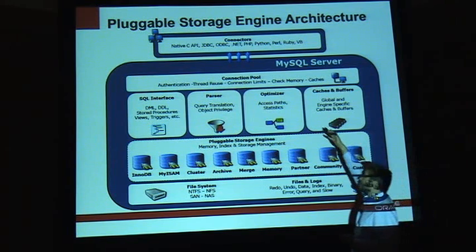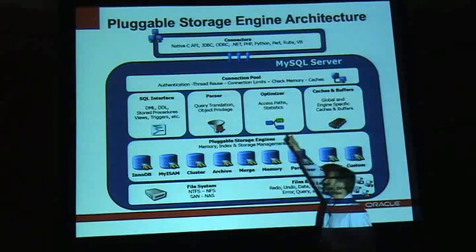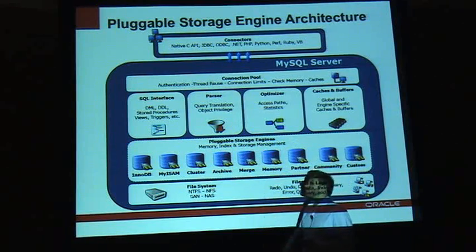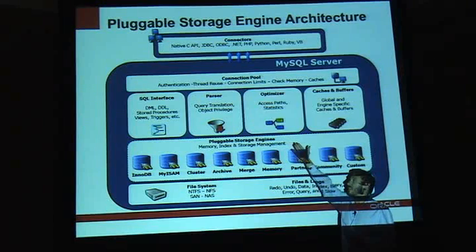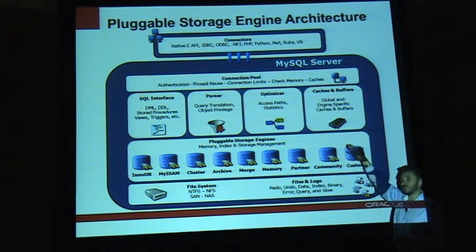The query, of course, starts from the connector. You send the query to the server, and then it goes through these other modules, the SQL interface, the parser that has to identify the right privileges, etc. And of course, there is an optimizer as any modern relational database, and some caches. So no difference between MySQL and other relational databases.